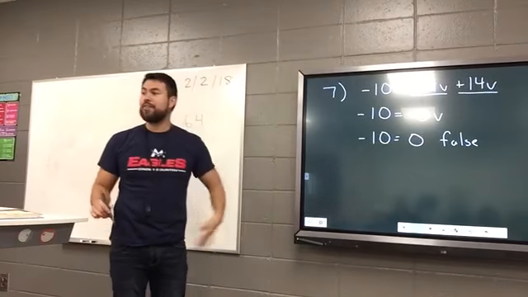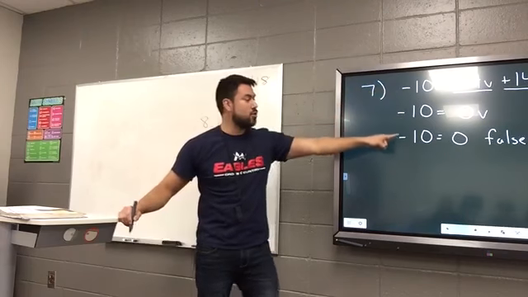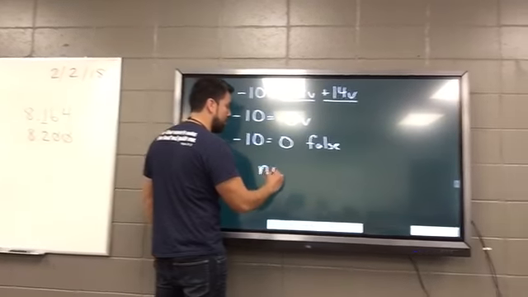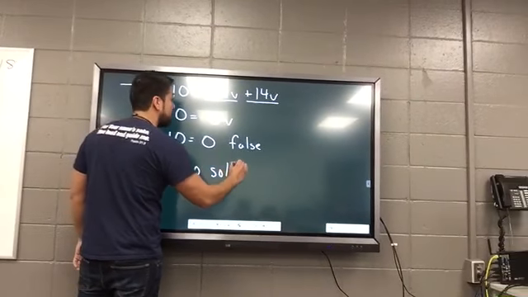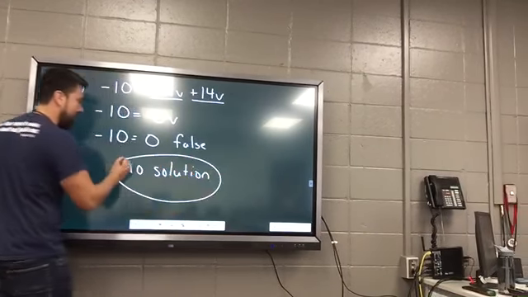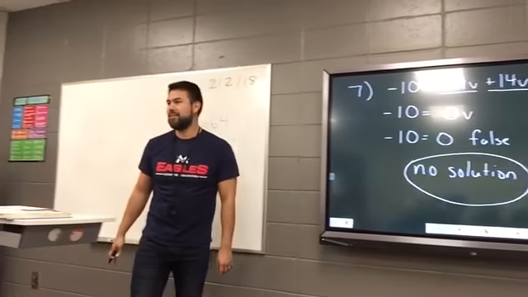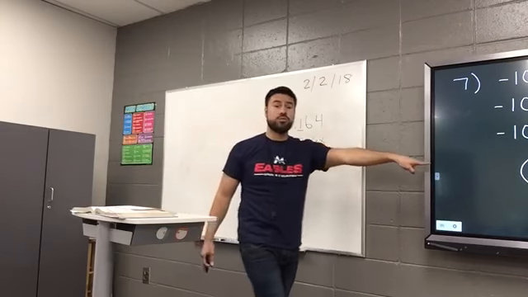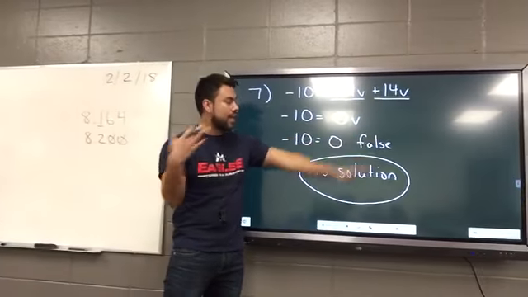In fact, if you do this process and you get at the end a false equation, there is no number that fits for v. There's no number you can find. None out there in the entire world. Yeah, no solution. Put no solution, because false is how you get to no solution.